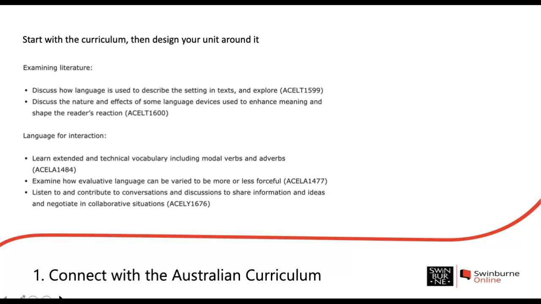So you're going to choose your year level and you're going to look through to find one literature, one language, and one literacy curriculum content descriptor that you are going to teach to. And then you're going to do your planning from there. Now, it's really, really important that you understand your curriculum content descriptors.